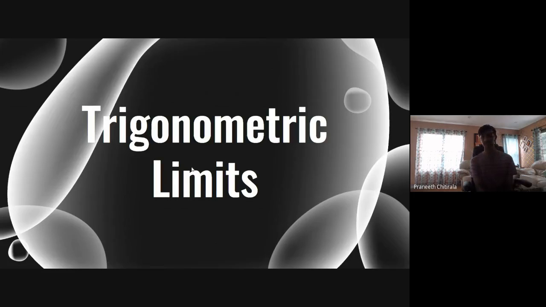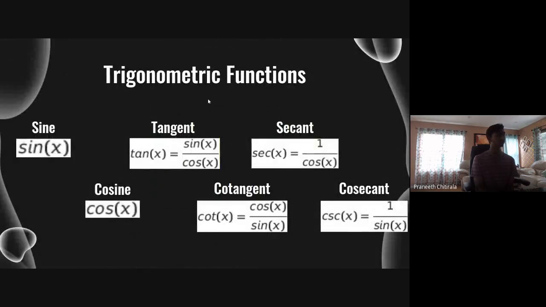So now we're going to get to trigonometric limits. First, we're going to talk about the major trigonometric functions right here. There's sine, cosine, tangent, cotangent, secant, and cosecant. Each of these trigonometric functions can be said in terms of sine and cosine.